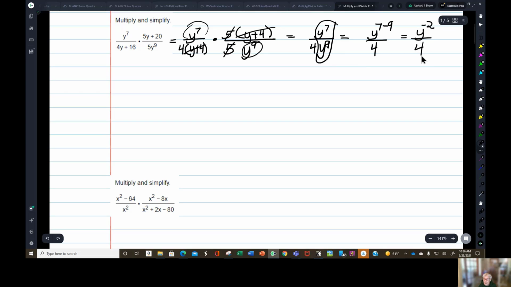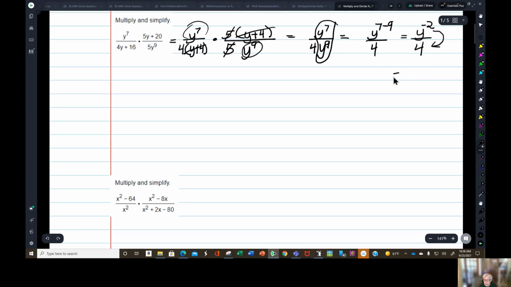over 4. Now that might not be so bad, except there's a rule in algebra that you don't leave an answer with a negative exponent. So we have to translate. Y to the negative 2 wants to come down here and become y to the positive 2.